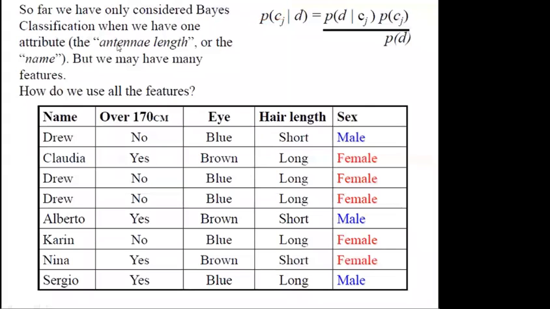Only one value, either antenna length or name, was used to classify the person or the insect.